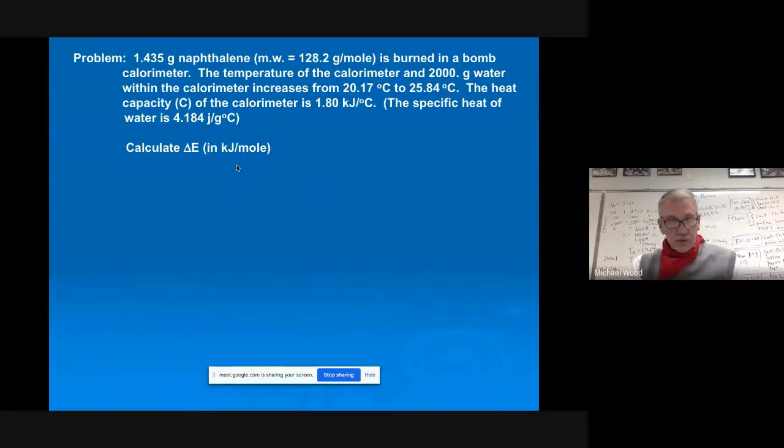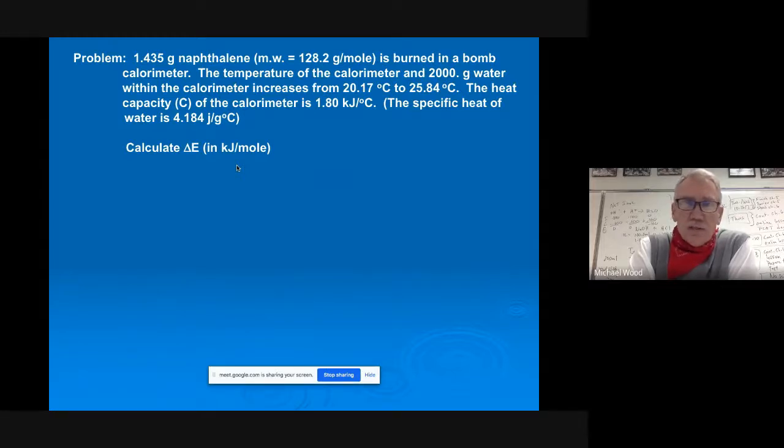This is going to introduce the SMAT plus CAT, and I'll explain. So 1.435 grams of naphthalene is burned in a bomb calorimeter. Whatever the calorimeter, think SMAT or SMAT plus CAT. You only do CAT like you do in this problem when the heat capacity is given.